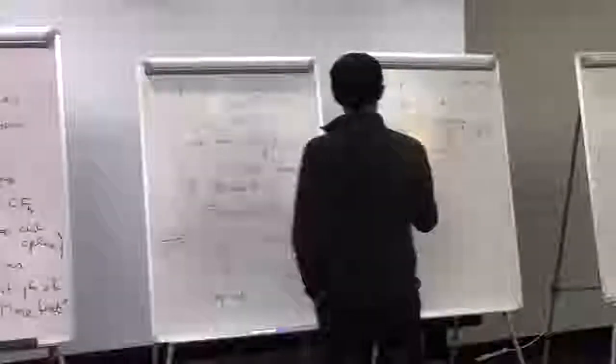So the objects are as before. And the morphisms are going to be given by, well, we define the boundary of n bar PQ to be the union over all composable morphisms.